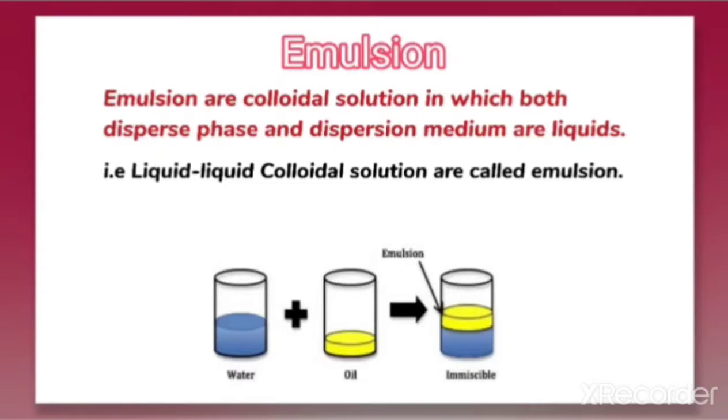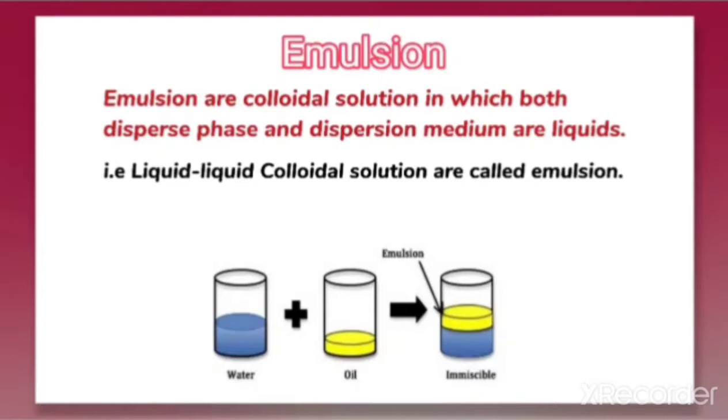Let us take the case of oil and water. Water and oil are both liquid in nature, and when mixed, they are definitely immiscible because they will not mix as other liquids like water and alcohol do.